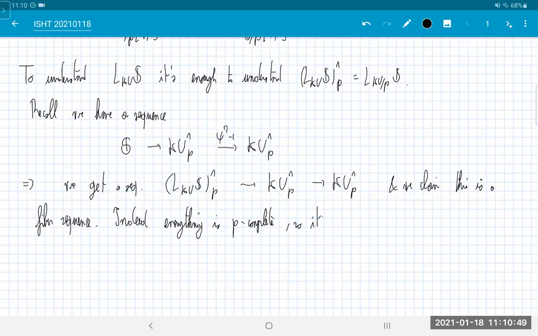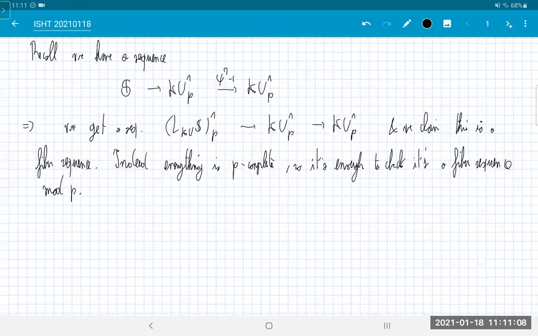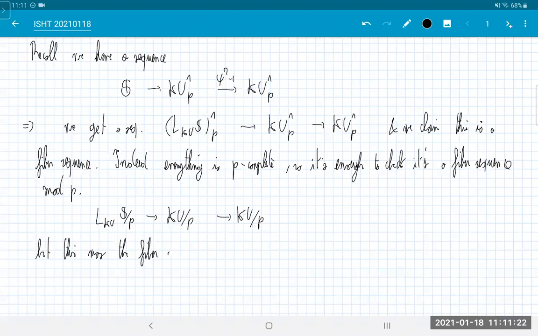So it's enough to check it's a fiber sequence mod p. But mod p, this was the fiber sequence constructed using fact 3.